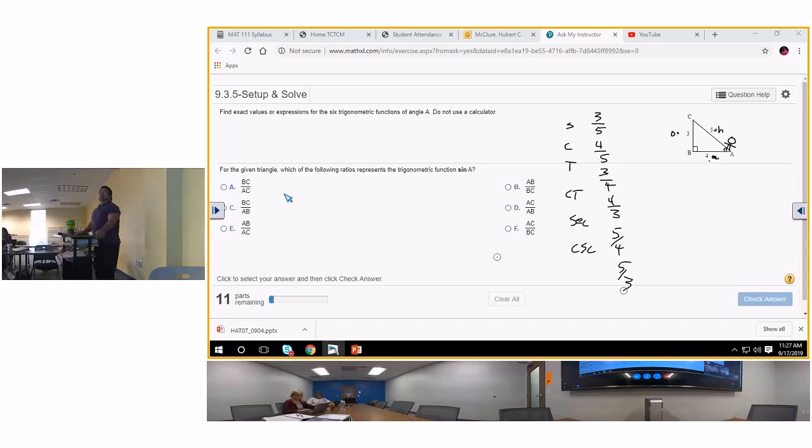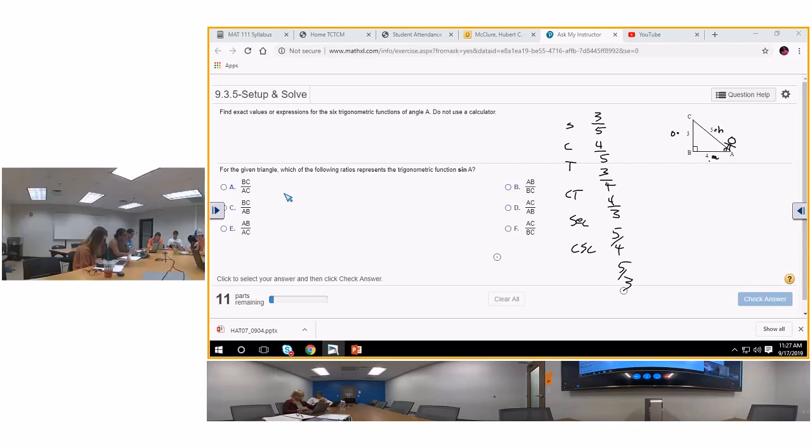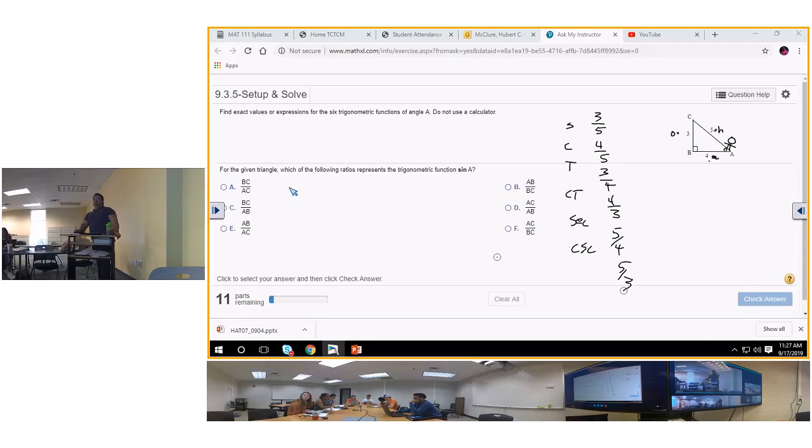I don't know what they're asking for. I wouldn't worry too much about it, but let's see, what are they asking for? Instead of doing A, this side is AB. So if we're given sine, SOH, that's going to be BC over CA. So where is BC over CA?